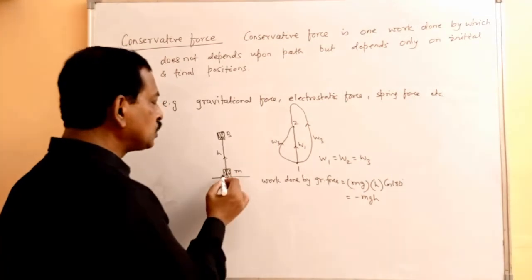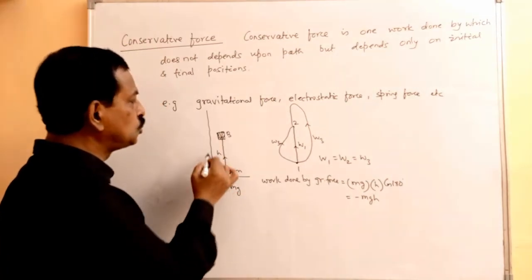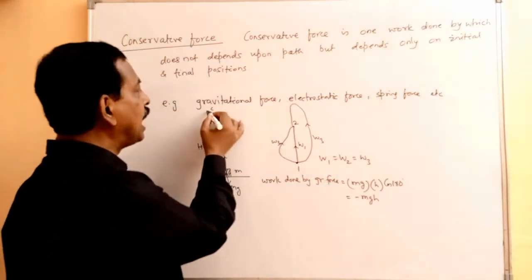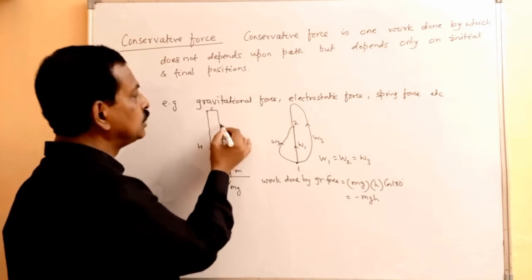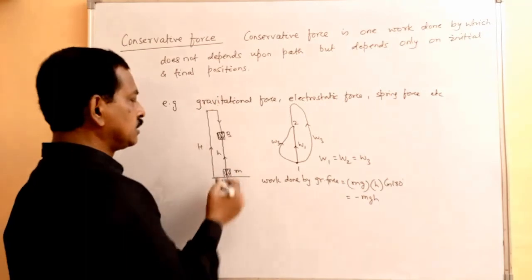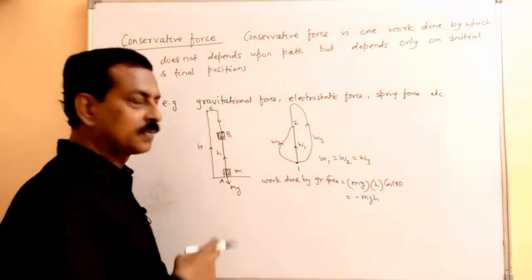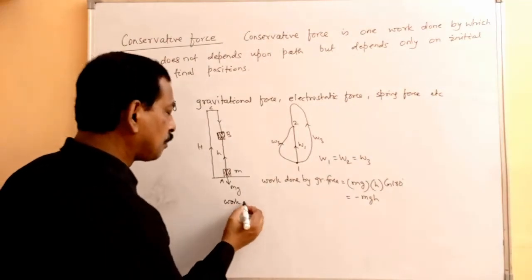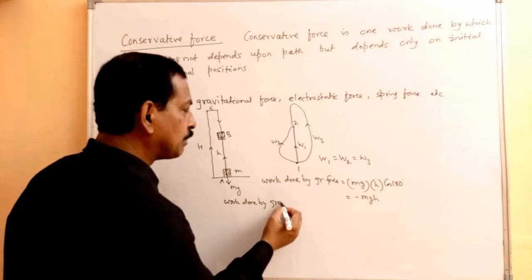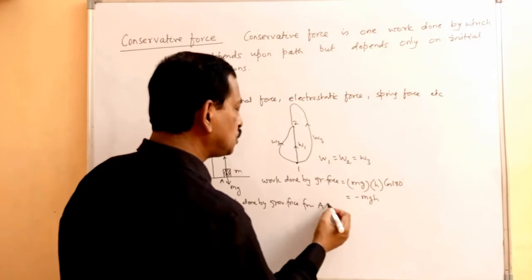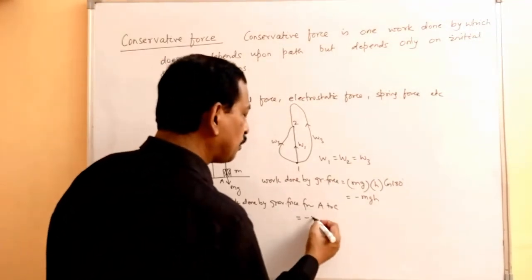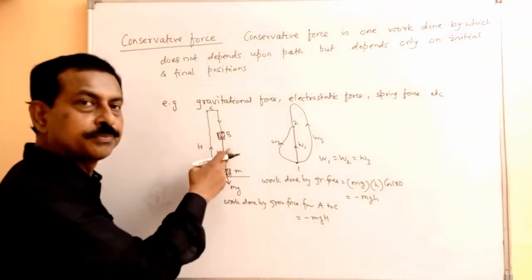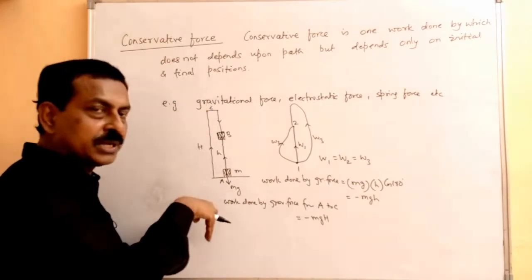Let's take another case. Suppose this body is moved from point A to point C, which is at a height capital H, and from there we bring it back down to point B. So this is point A and this is C. The work done by gravitational force from A to C will be minus mg capital H. But when it comes from C to B, the force and the displacement are both in the same direction.